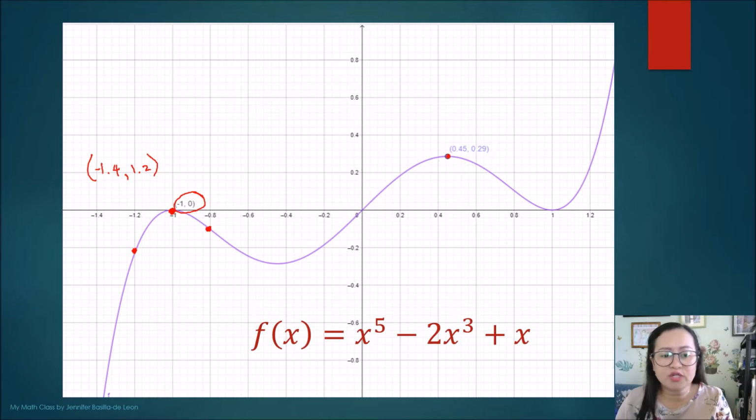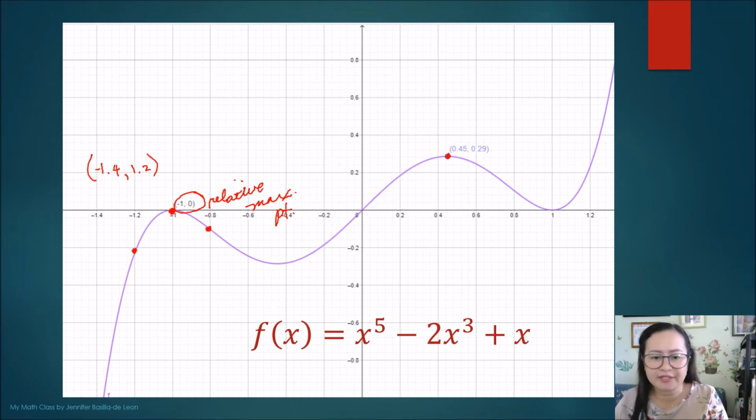Therefore, (negative 1, 0) is a relative maximum point of the function, aside from (0.45, 0.29). In addition, at x equals negative 1, the relative maximum value of the function is 0, while at x equals 0.45, the relative maximum value of the function is 0.29.